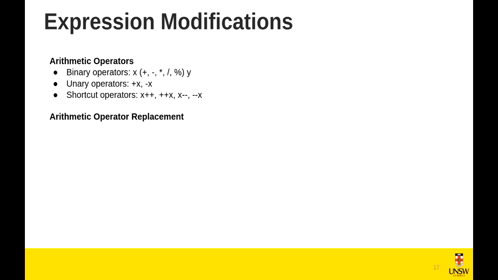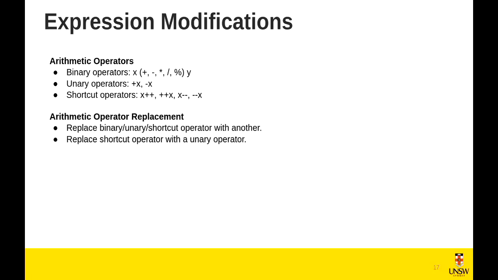What we can do for mutation is replace arithmetic operators with one another. We can replace shortcut operators with unary operators. This will simulate cases where the developer may make typos. Sometimes developers could forget to type one plus sign or one minus sign. So this is about arithmetic operator replacement.